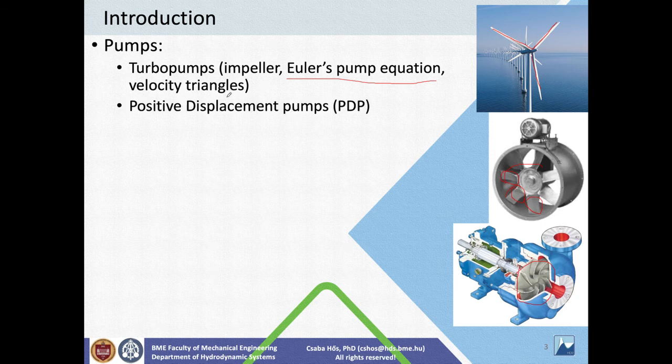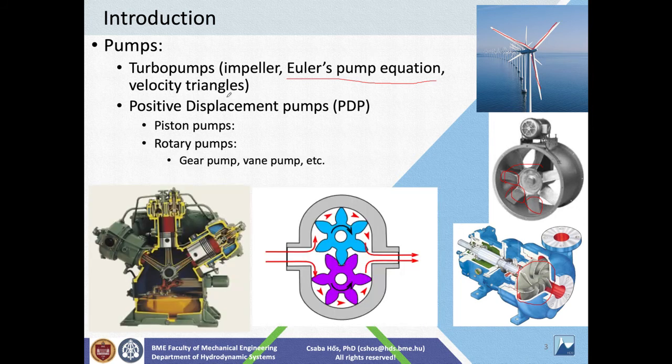However, there's another big family, which is called positive displacement pumps. There are two main types of these pumps, one of them being the piston pumps. For example, this machine here. Clearly it has a piston that has an alternating motion, so it moves back and forth, and this is how it pumps.